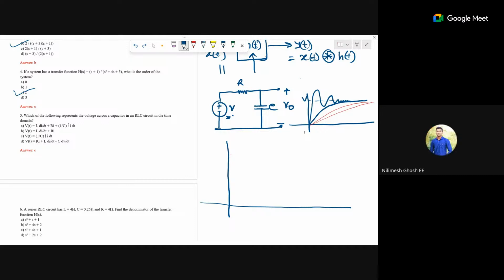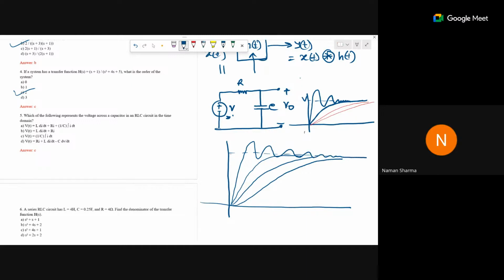So I am drawing this again. Let's say this is my response. This is my response. This is my response. And this is my response. Sir, when would the unstable condition happen?